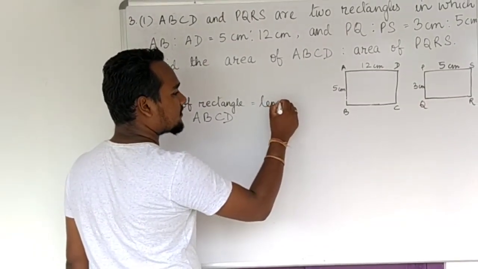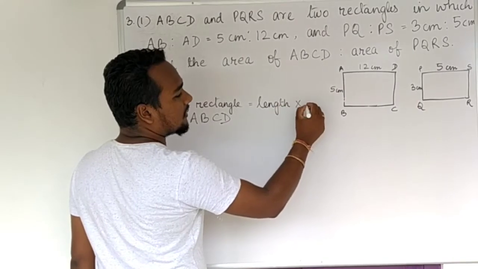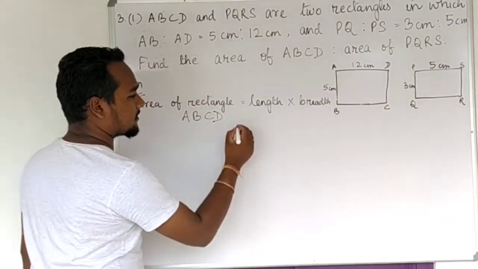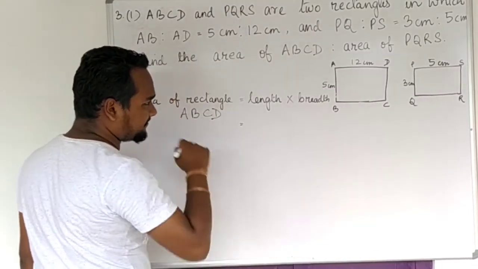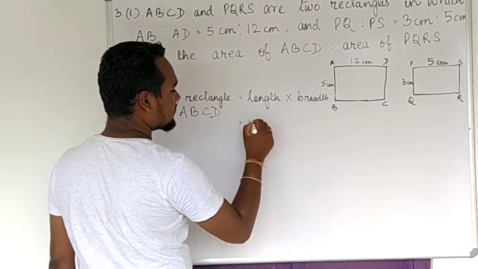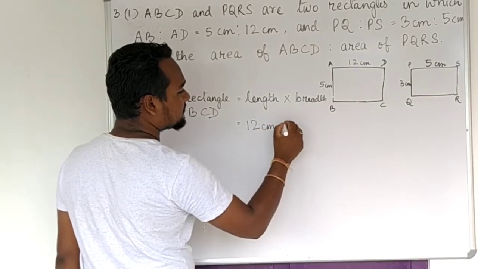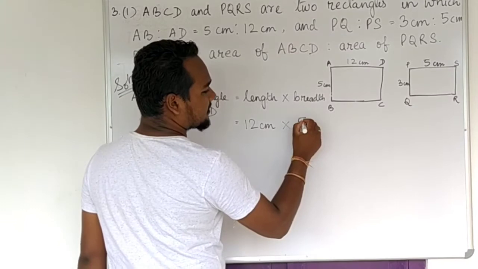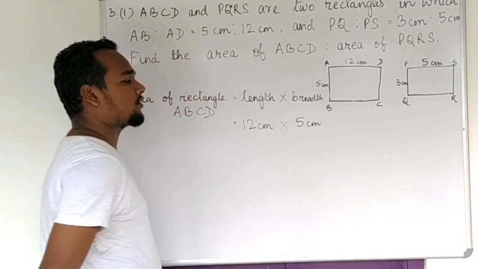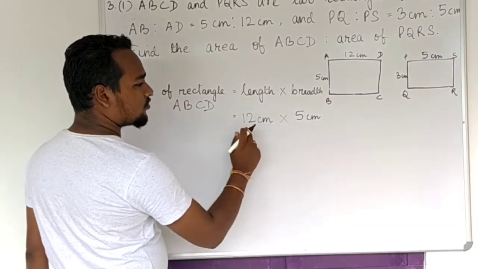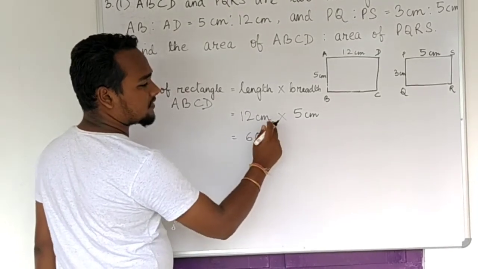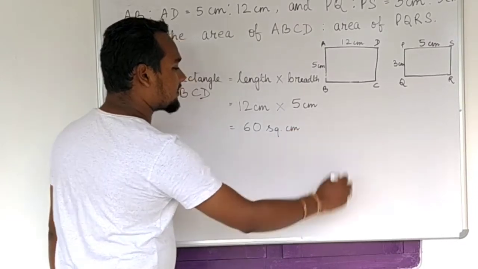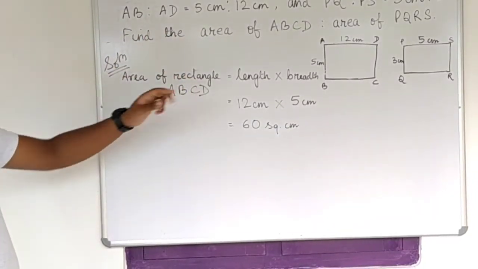It is length into breadth. What is the length here? It is 12 centimeters. And what is the breadth here? It is 5 centimeters. 12 into 5 is 60. Centimeter into centimeter is square centimeter. I have taken it out.